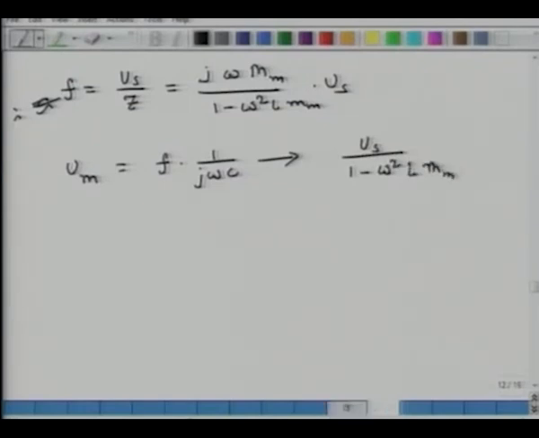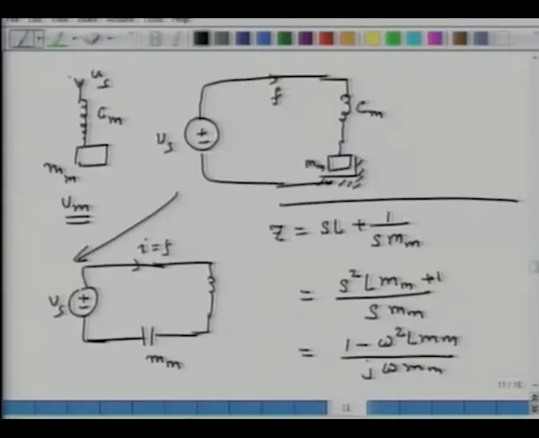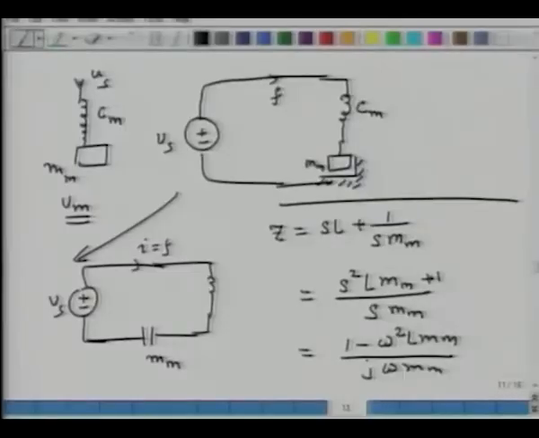So instead of doing a lot of force equilibrium and solving differential equations, I am relatively easily able to solve for the velocity of the moving mass by using some concepts of circuit analysis. Right. So that is the whole point.